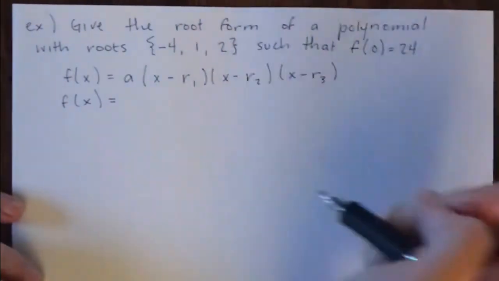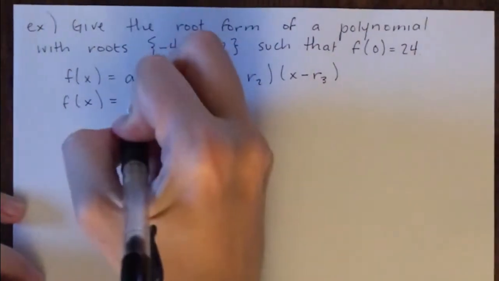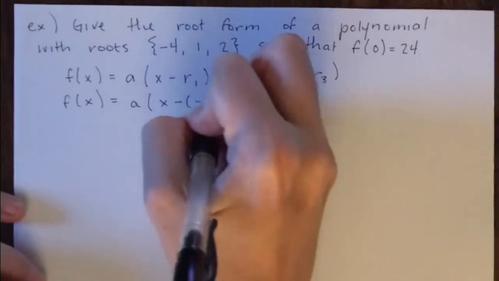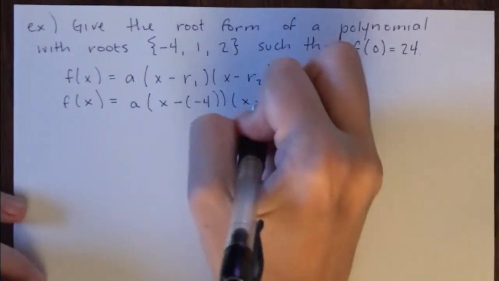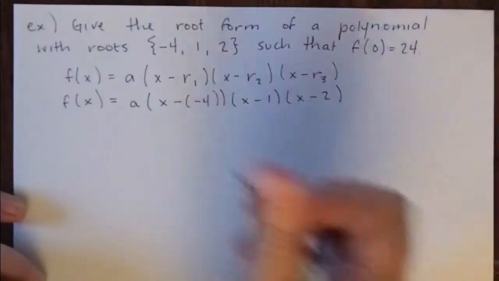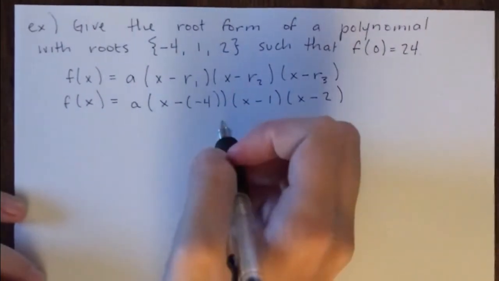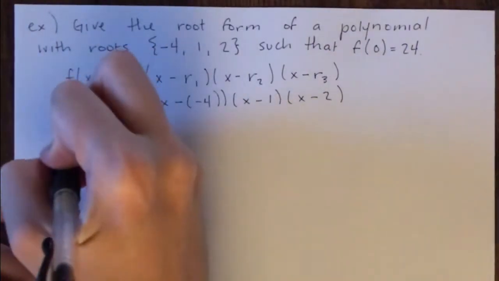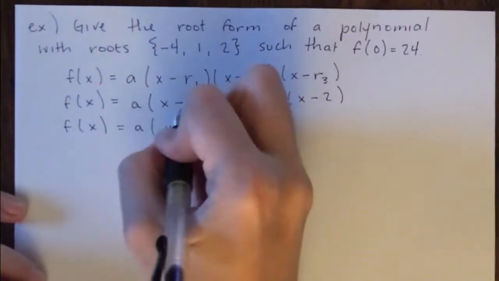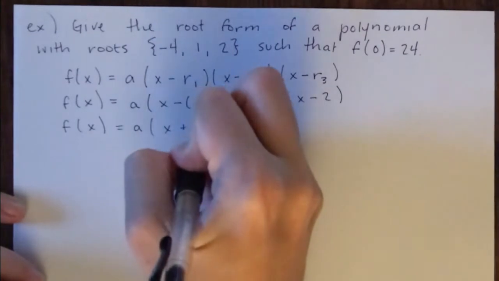Well, they're literally listed out for us. So we have x minus -4, x minus 1, and x minus 2. Can we rewrite this in a simpler way? Yeah. Minus a negative is positive.